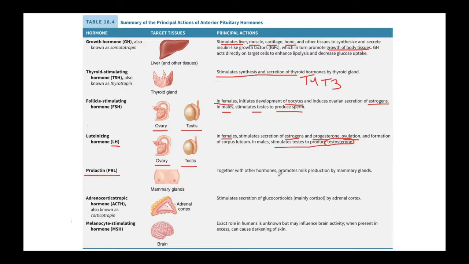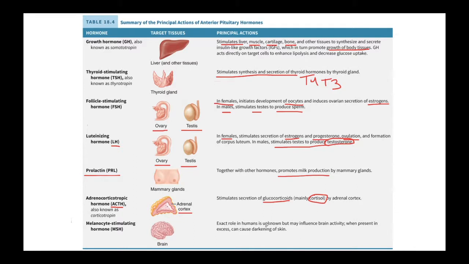Prolactin, prolactation, promotes milk production. ACTH, adrenocorticotropic hormone, it's going to the adrenal cortex to produce glucocorticoids, mainly cortisol. And then MSH, the target tissue is going to be the brain.